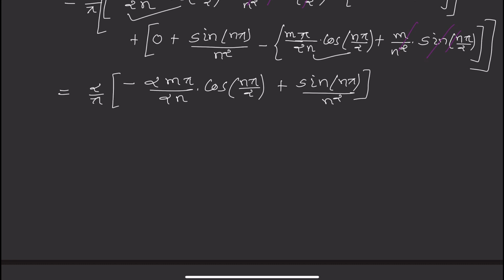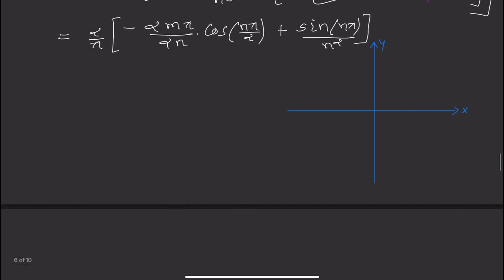If we consider the unit circle, x, y, 0, so then this point is 1 0, this is 0 1, this is minus 1 0, and this is 0 minus 1.